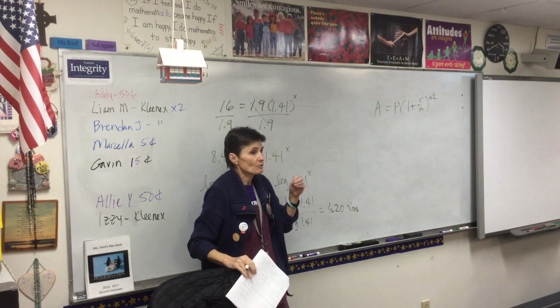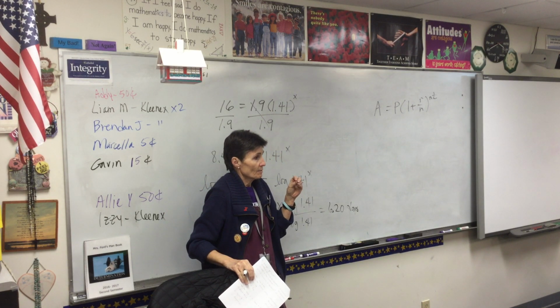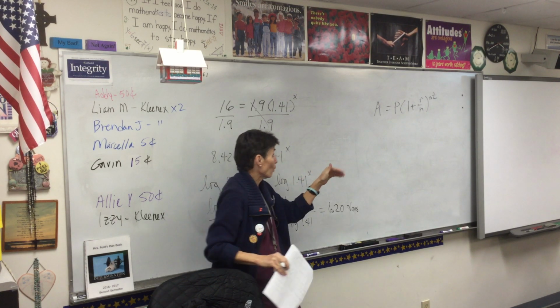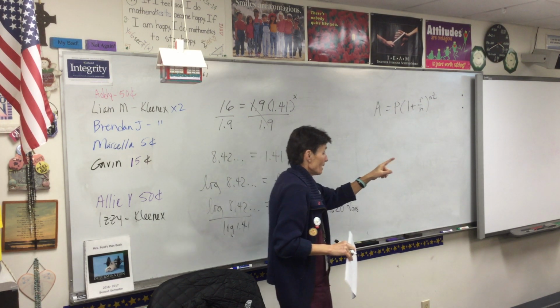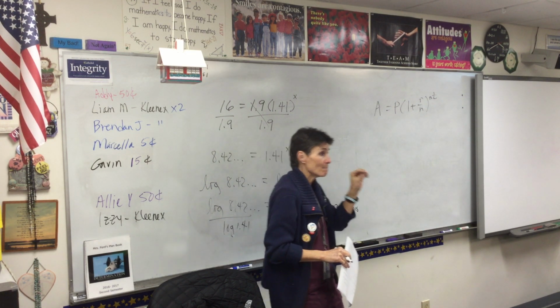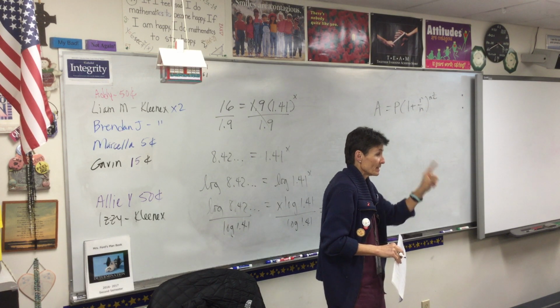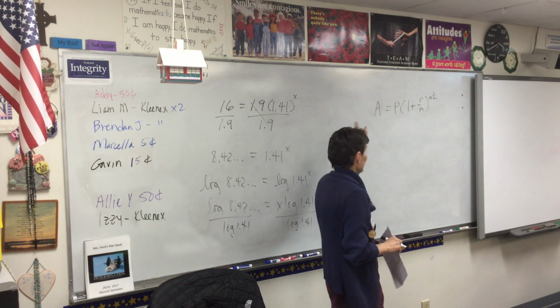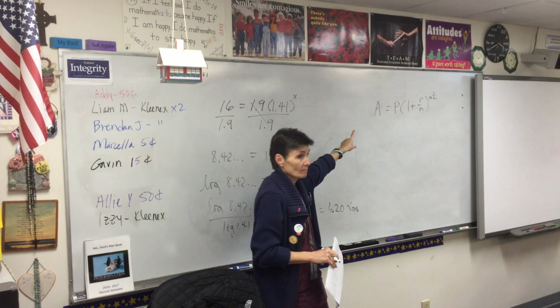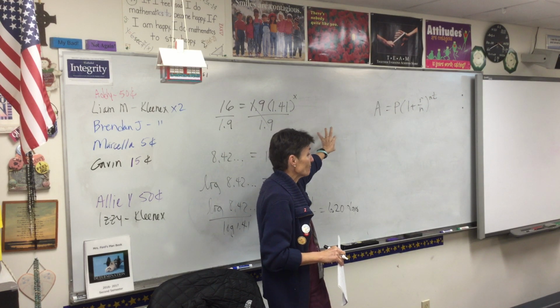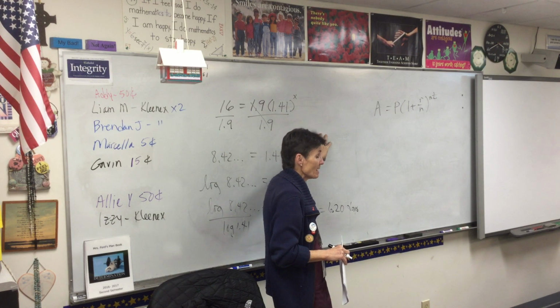I completely understand that this relative is saving for your future, but this relative is not making payments. It's a one-time deposit. This is the formula. PV and FV are only for payments.